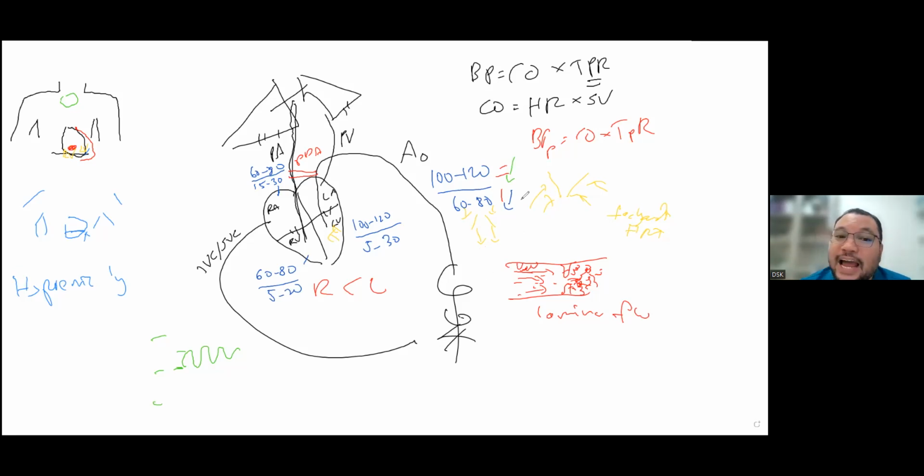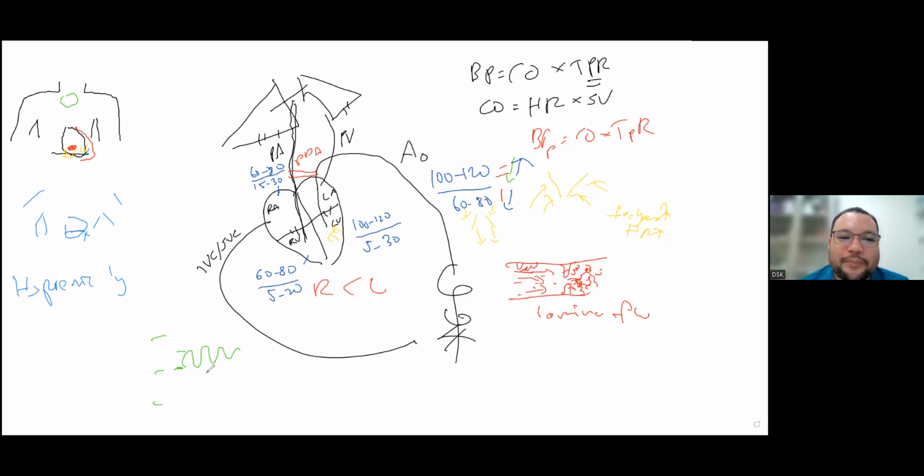So, bila masa diastole, your left ventricle ni dapat blood daripada left atrium, dan sekarang ni left ventricle dapat balik blood daripada aorta juga. So, you increase the end diastolic volume. Your heart will pump harder. Bila heart will pump harder, your systolic BP pun naik. So systolic BP naik, diastolic BP turun.